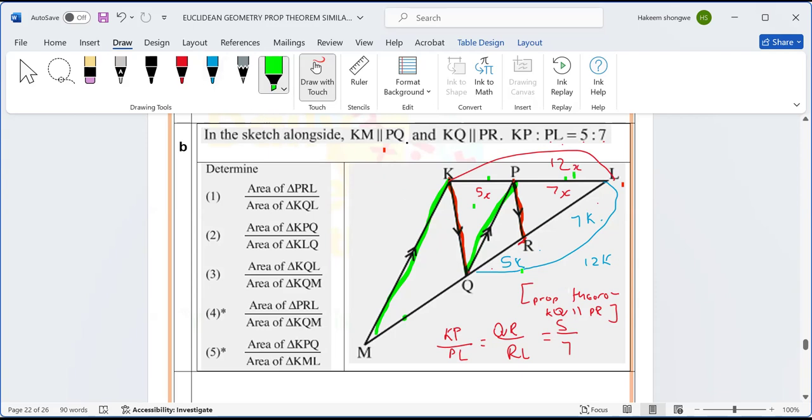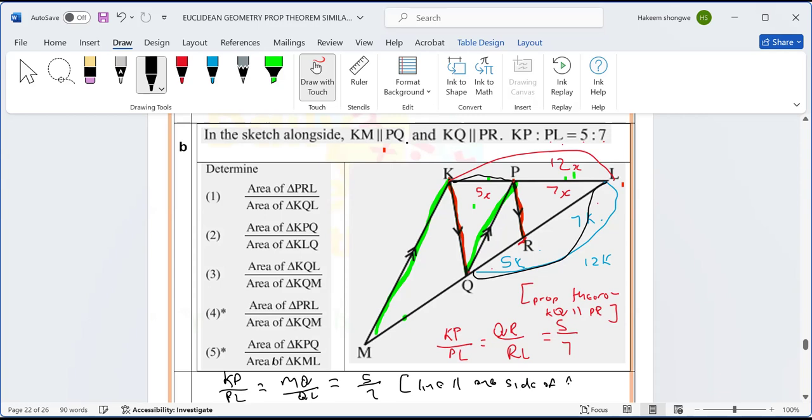We can say we have KP over PL, and this is going to equal MQ over QN, starting from here to here. And then this is going to equal 5 is to 7. Again, it's a line parallel to one side of a triangle.